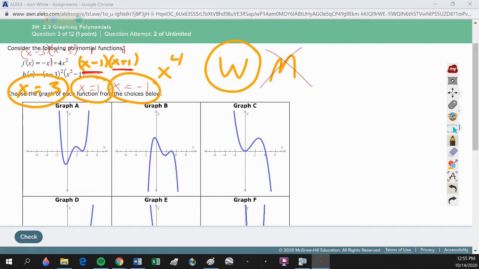A. So this is a W. It hits -1, check. It hits 1, check. And it bounces off of 3. A bounce only occurs when you have a double root, one root that is listed twice in the equation. Okay? So that is A.